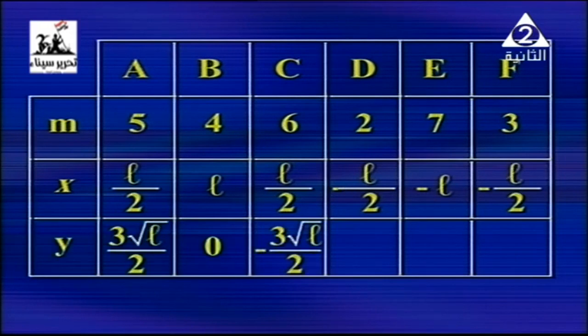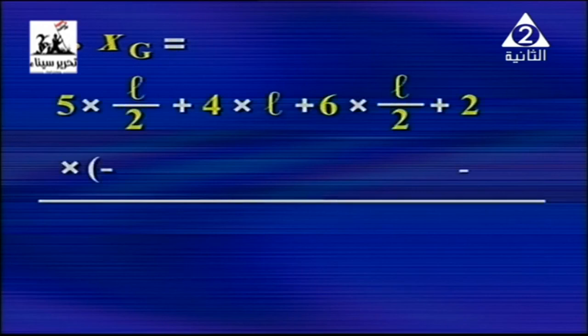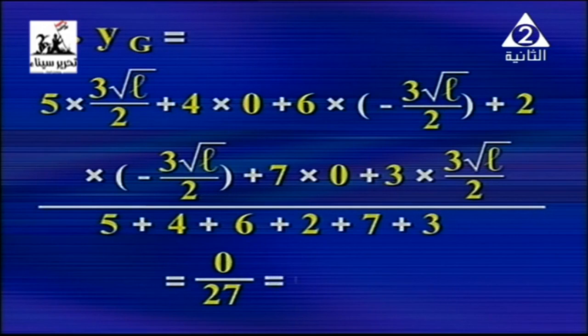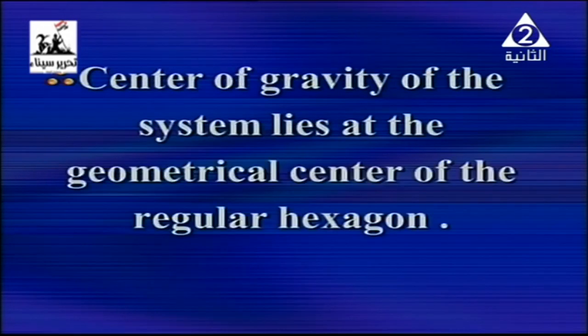Also Y: root 3 L over 2, 0, negative root 3 L over 2, negative root 3 L over 2, 0, negative root 3 L over 2. Find the coordinates of the center of the system: xg becomes, by the same method, equal to 0, and yg by the same method also equals 0. Then what do you deduce? The center of gravity of the system lies at the geometric center of the regular hexagon.